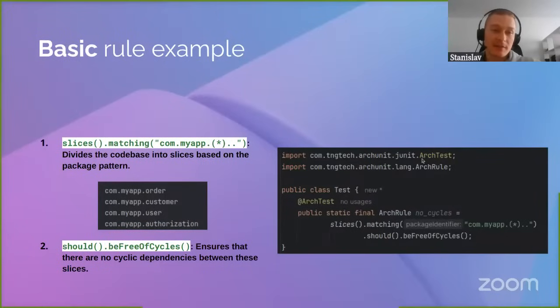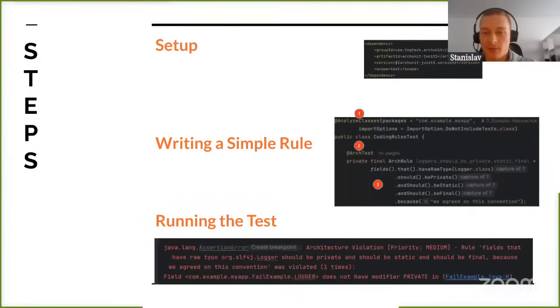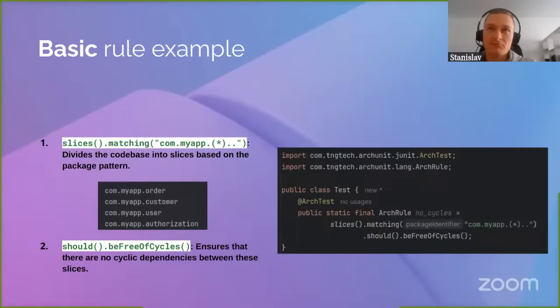One basic rule example is the test that is checking that there are no cyclic dependencies between your slices. We already saw examples, previous example, where the selector was fields. At the start of this presentation, we saw a selector of classes, and now there is a selector slices. Slices is a more specific thing.